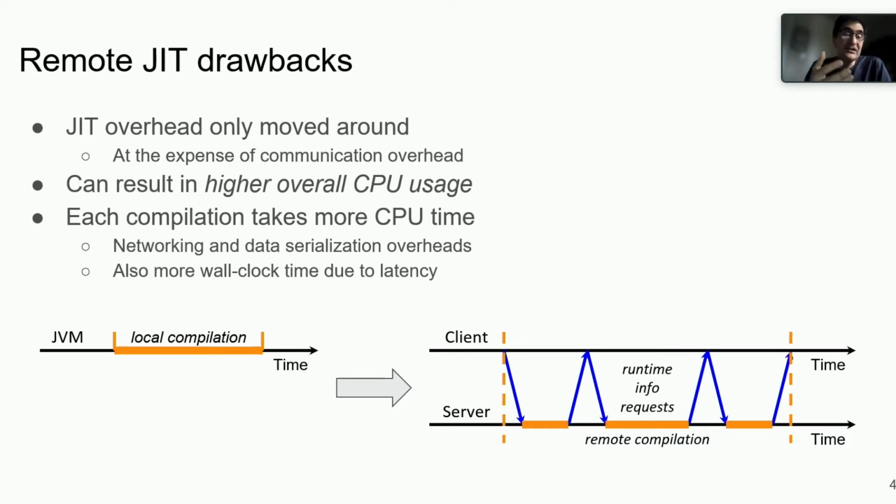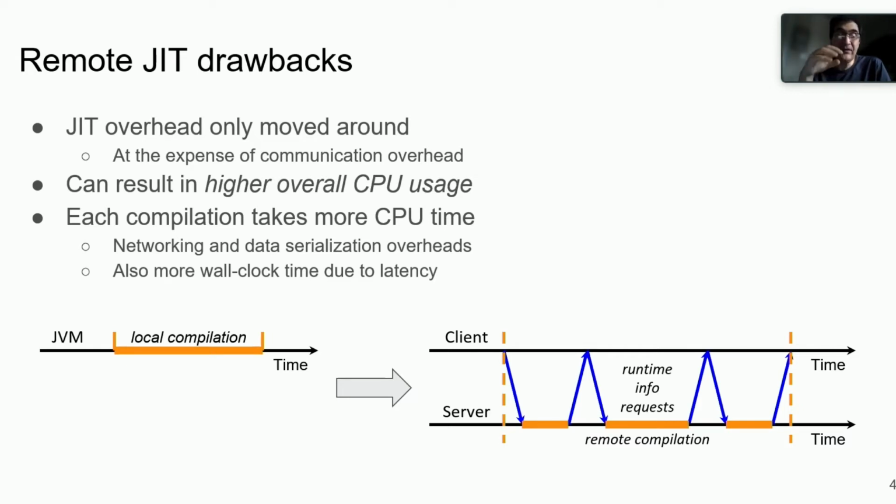It's interesting that when you talk to people about JITServer, most of them assume that there is a single network round trip. The client sends a compilation request, the server performs the compilation, and responds back with the compiled body. However, in practice, there are many messages exchanged between client and server during a compilation because the server needs to gather all sorts of pieces of information about other classes, other methods, profiling information, and so on.